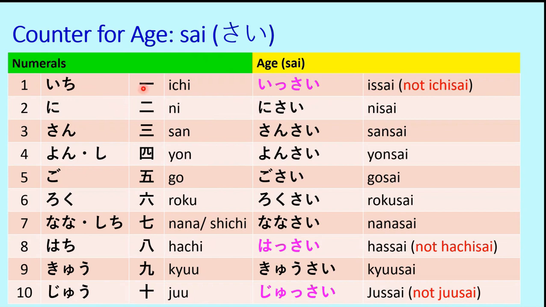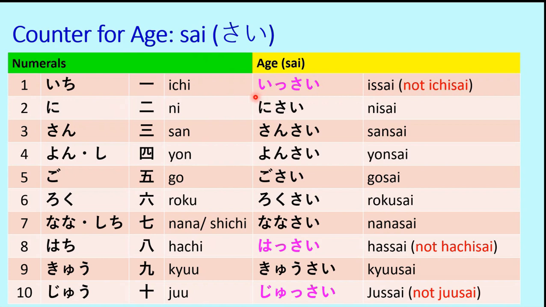So for 1 year, ichi is the numeral, but the age will not be ichisai. It will be issai. You can see the small tsu, the double consonant form before sa. So it is issai, not ichisai.